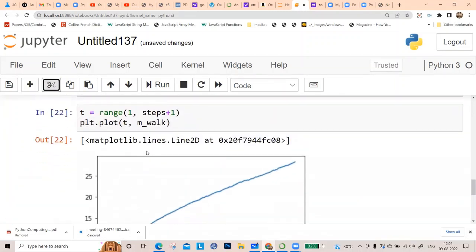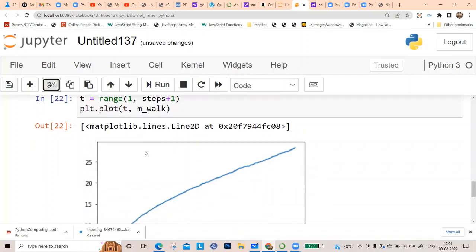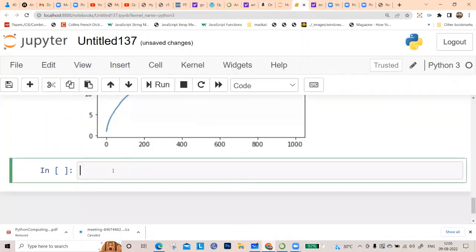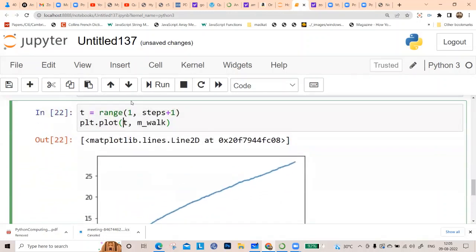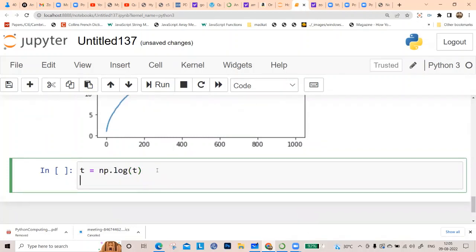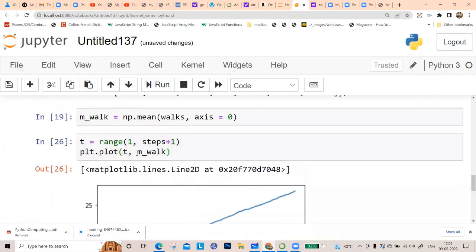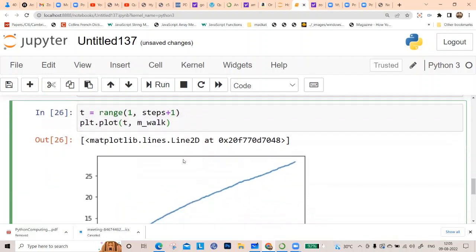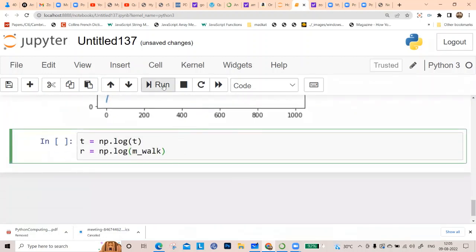Oh, I'm sorry, I did not actually do that properly. It should be t equal to np dot log of t, and r equal to np dot log of m walk. I called it m walk. Okay, so now done.